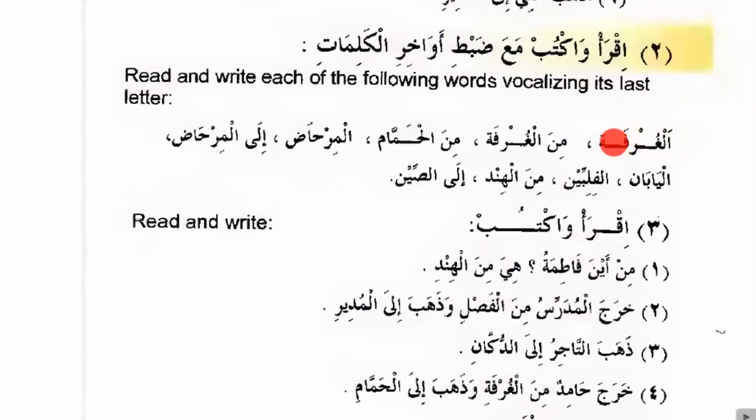So we put whether one vowel, two vowels, fatha, kasra, or damma, depending on the case that is suitable. So here, al-ghurfatu, damma. Min al-ghurfati, kasra, because of the harf al-jar. Min al-hammami, kasra, because of the mim, harf al-jar. Al-mirhadu, damma. Ila al-mirhadi, kasra, because of the harf al-jar. Al-yabanu, damma. Al-filibinu, damma.